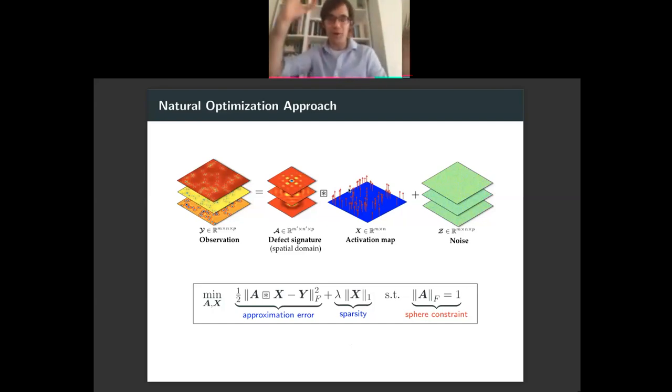Otherwise, the L1 norm becomes unhappy, X becomes really small, and everything breaks. So here, for that purpose, I'm going to constrain A to have unit L2 norm. I'm again going to constrain it to live on the sphere. This is the only thing that's sort of interesting about this formulation. Everything else is what every one of us on the call will do.